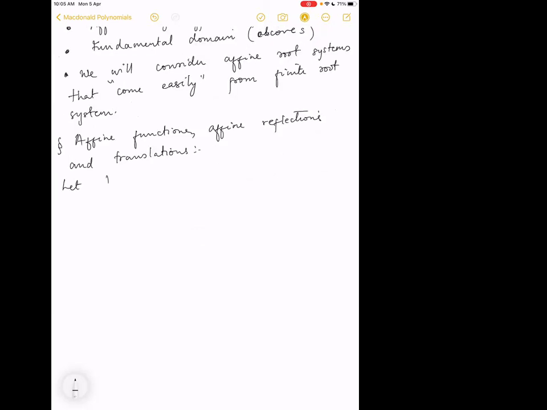Let V be a Euclidean space with an inner product, and we will identify V with V star using this inner product.